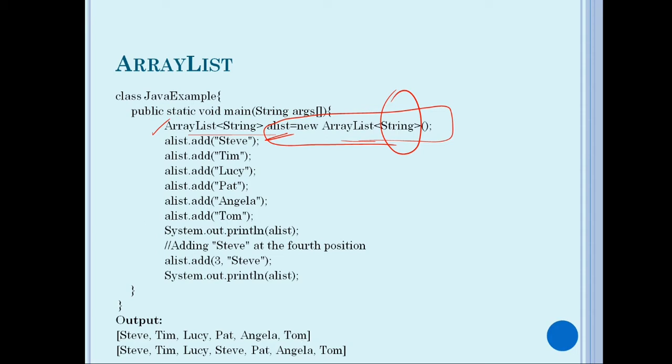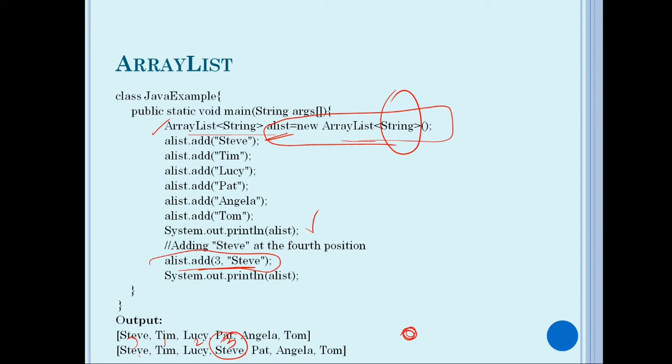So this output is coming from this statement, and then we're adding a Steve in it. So we're adding a Steve at index 3, right? So this is 0, this is 1, this is 2, and this is 3. So this is index 3 where we're adding a Steve. So it will come to the same place, and then come Pat, Angela, and Tom. So it's not going to remove the existing element.